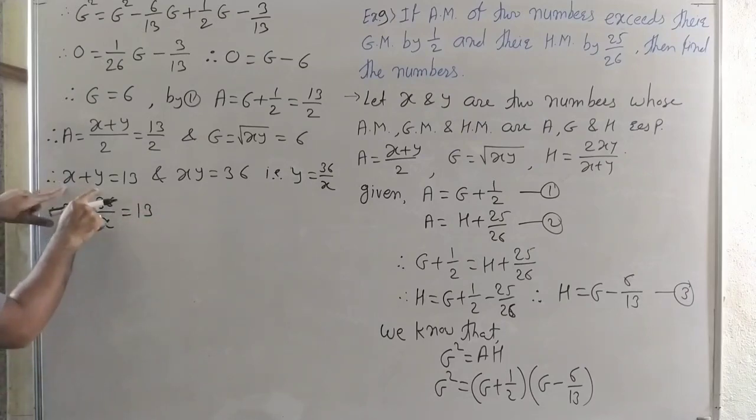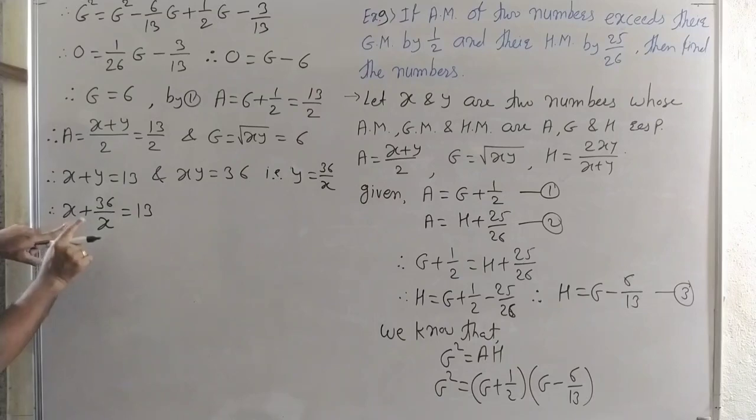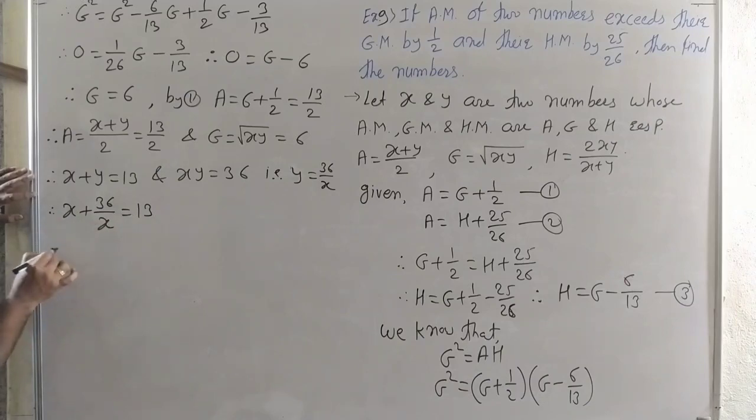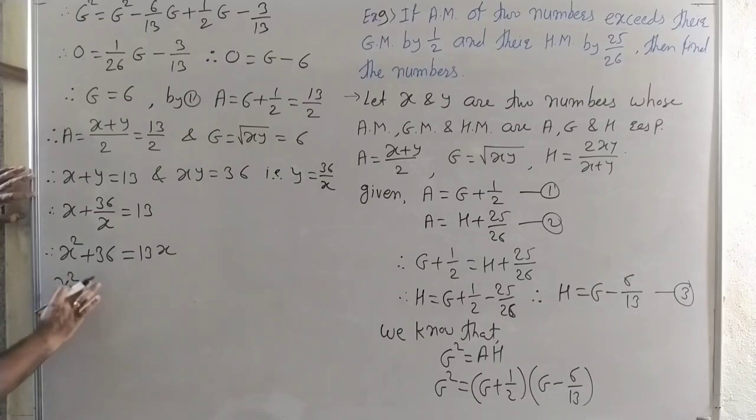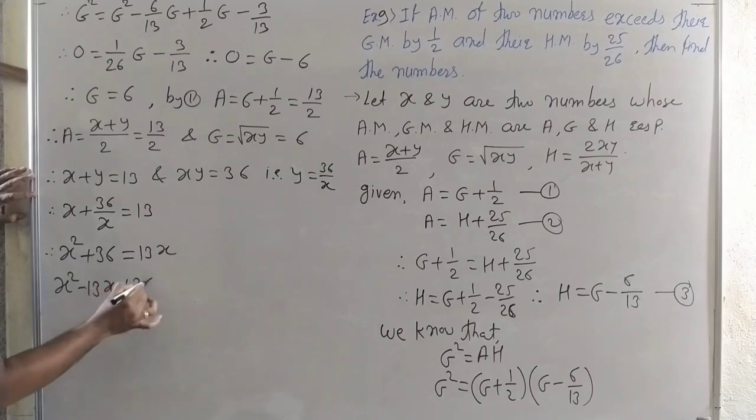See carefully, x plus y is equal to 13, this y is 36 upon x. Now throughout multiplying by x, we get a quadratic equation, x square plus 36 is equal to 13x. Therefore x square, sorry, here it is minus 13x plus 36 is equal to 0.